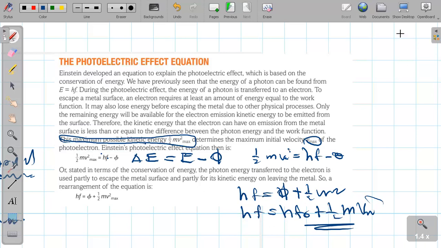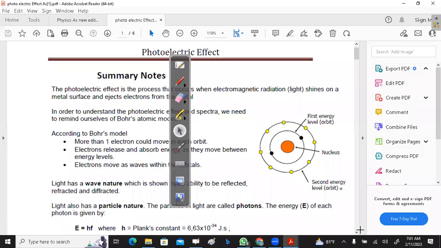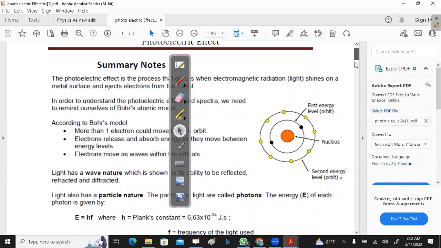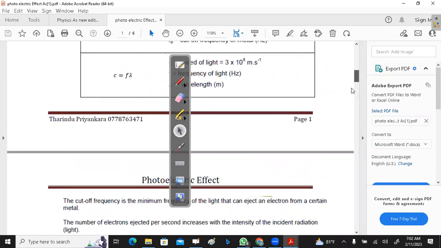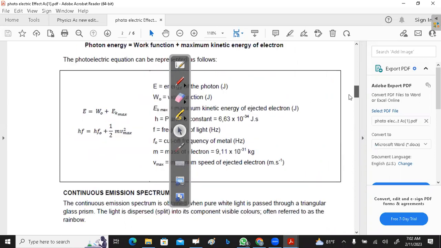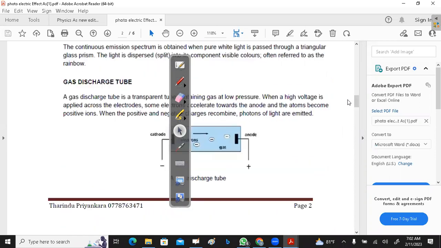Okay, that's good. So let me send you some worksheets. Now there is the summary note, a really simple summary note over there. This one may help you understand the material.